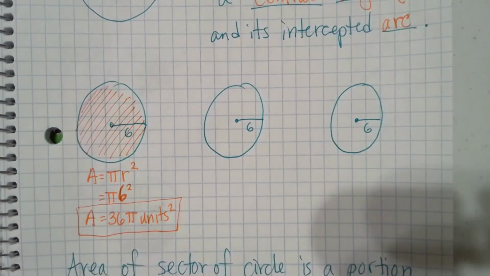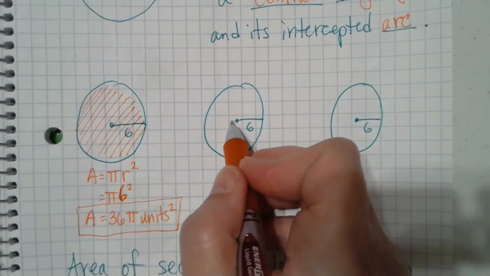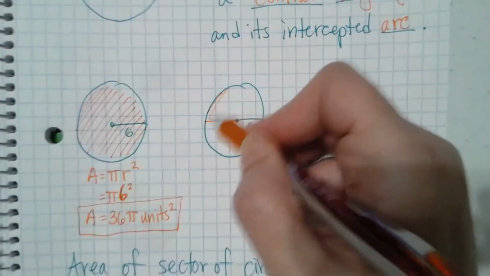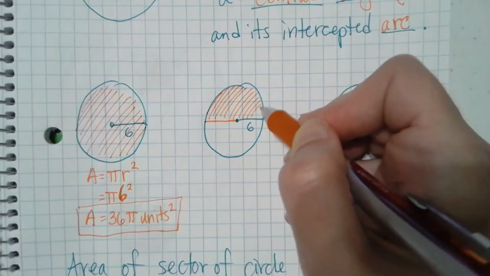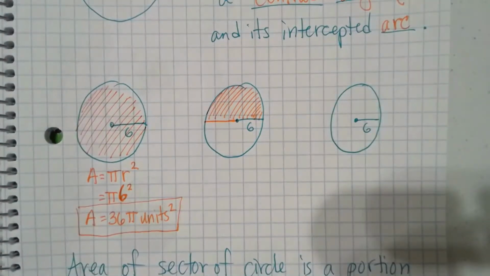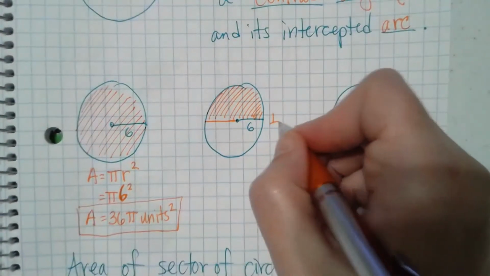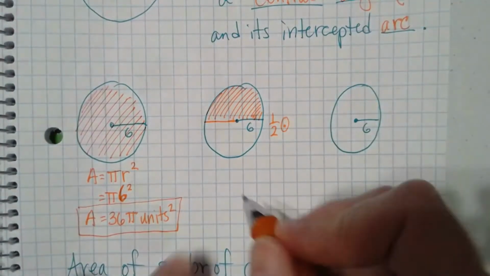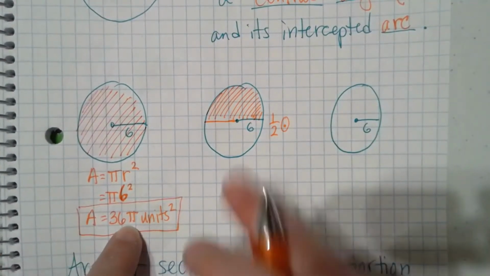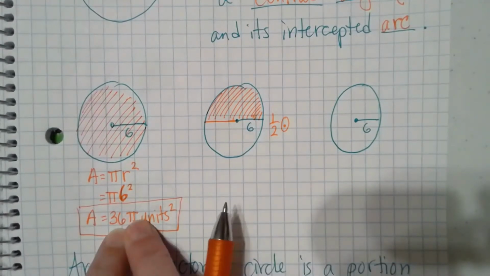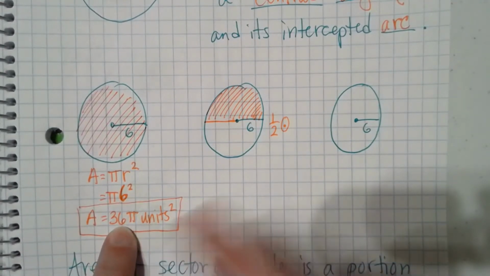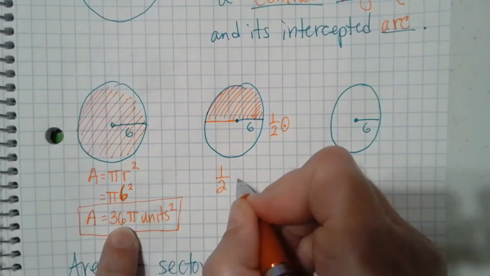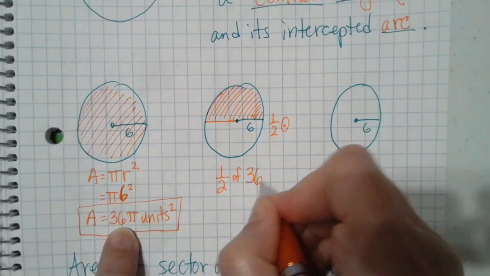What if I didn't want to shade the whole thing? What if I only wanted to shade to right here? How much of the circle is shaded now? Half, right? Half of the circle is shaded. So if I wanted to find the area of half of this circle, I already know the whole area is 36 pi. So I could do half of 36 pi.